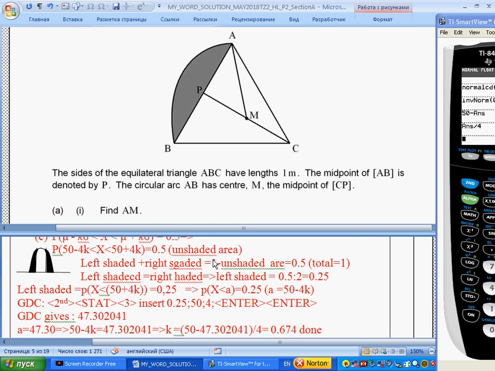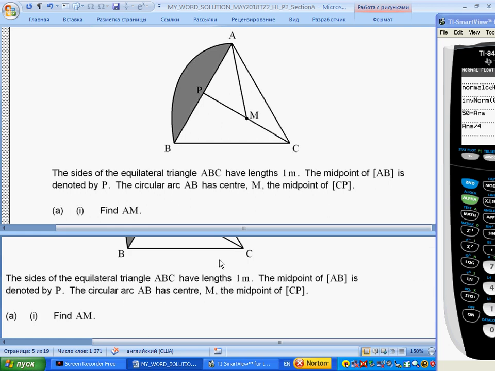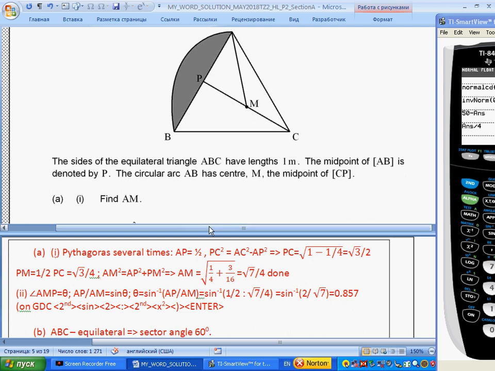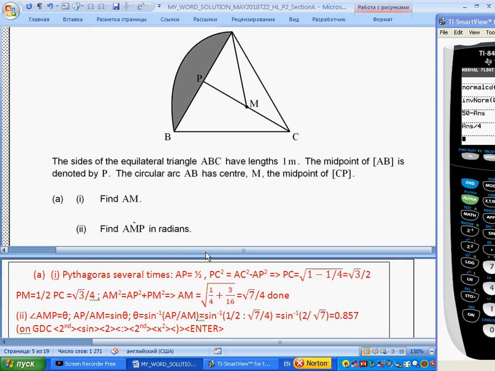Let's see how I did it. So you can copy the solution. Right, so this is the solution. And you are keeping square root of 7. And right, so this was part I. In part II, they ask us about the angle.